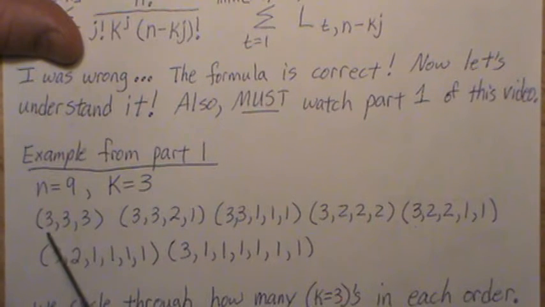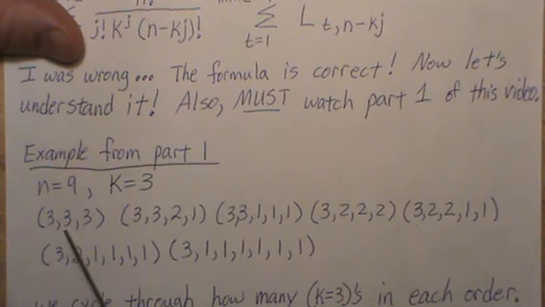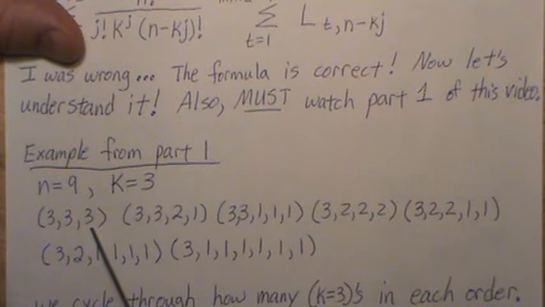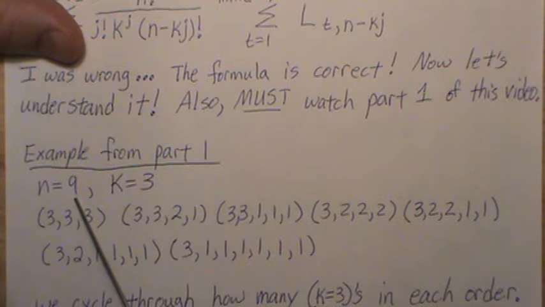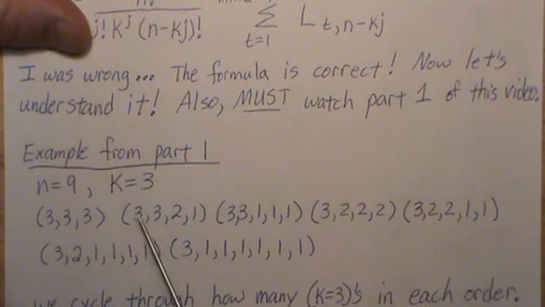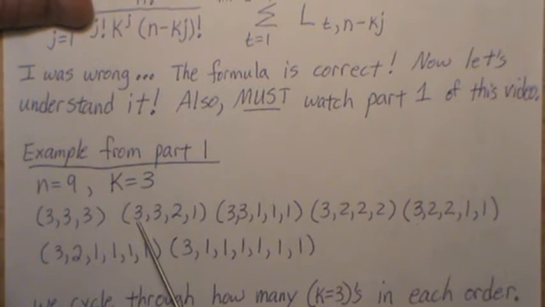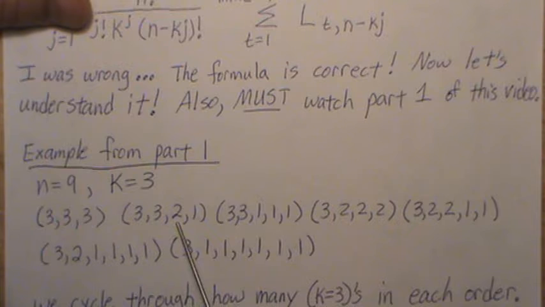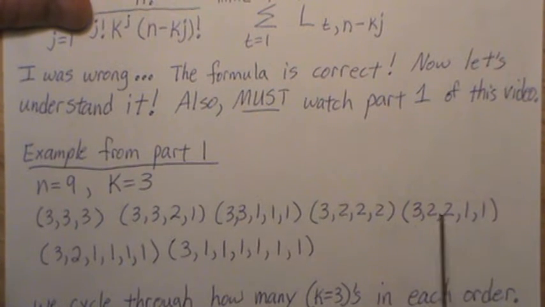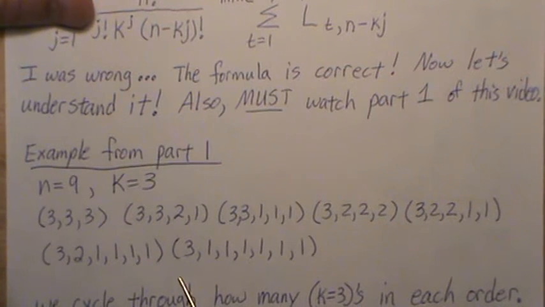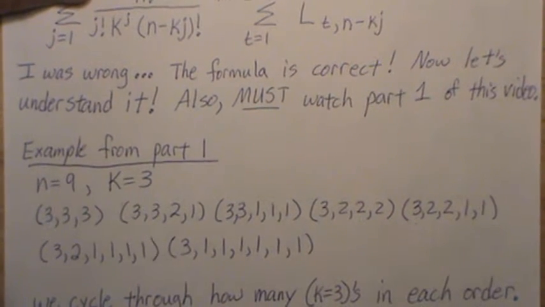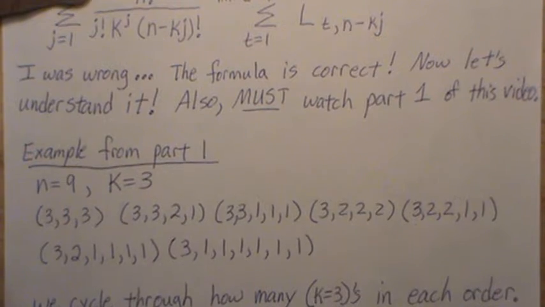So this represents 3 boxes in a loop, another 3 in a loop, and another 3 in a loop. So that's 9 total boxes, 3 groups of 3. This here says there's 3 boxes in a loop of 3, 3 boxes in a loop of 3, 2 boxes in a loop of 2, and a loop of 1, and etc. And these are all the possible combinations where the maximum loop size is 3.